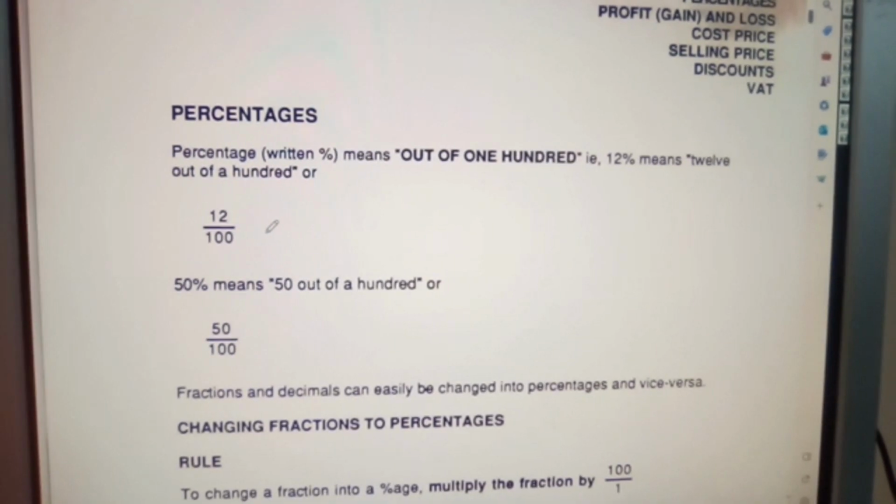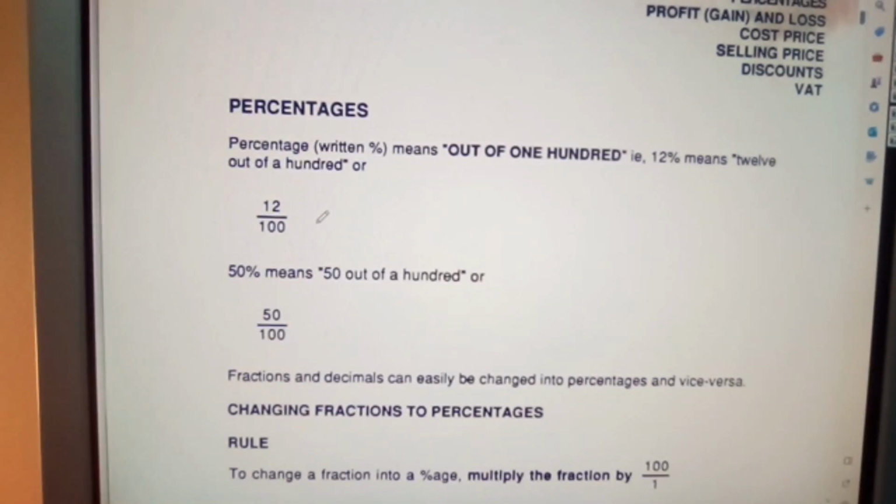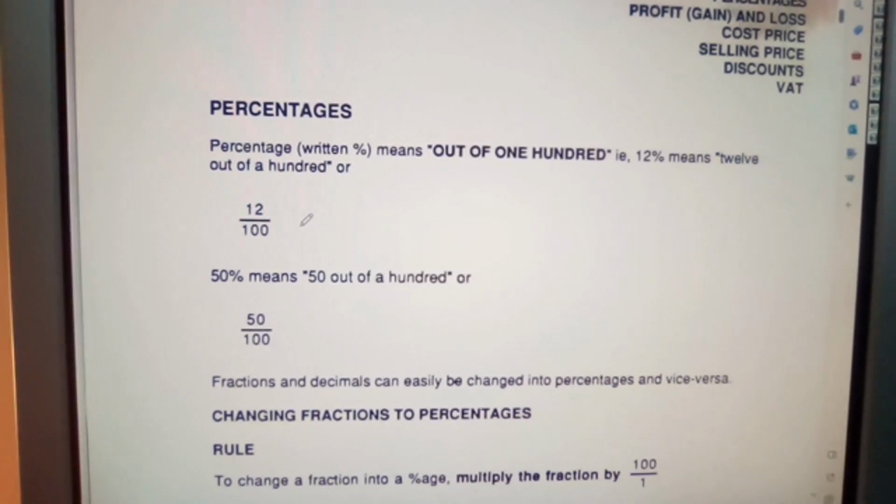And we can actually say, we can turn it into a decimal.